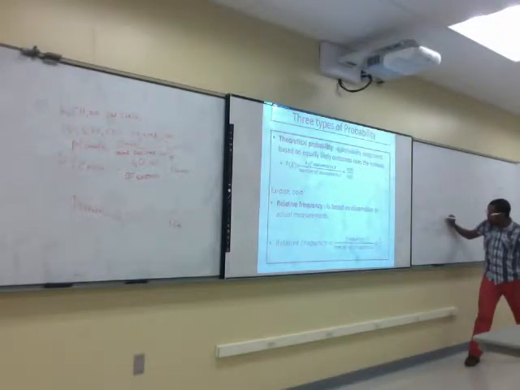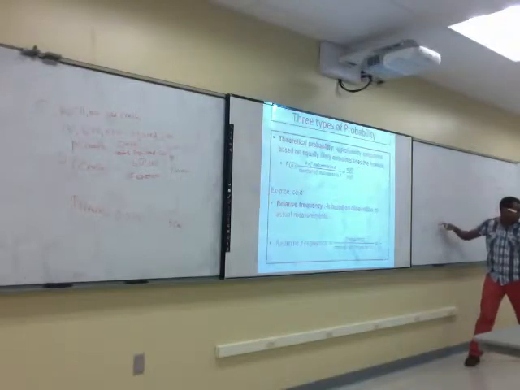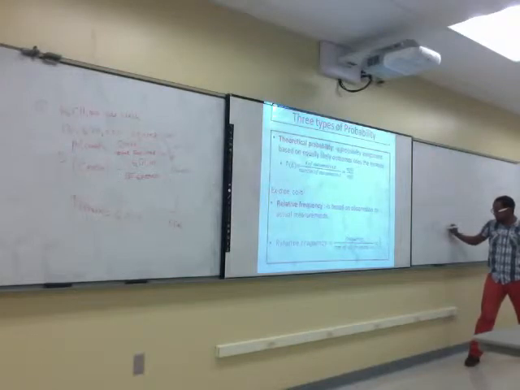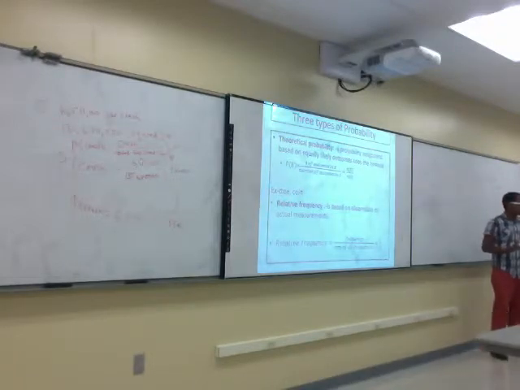So what's the possible sample space I can have? I can have head, head, right? I can have head or tail. I can have tail or head. The last, I can have both of them tail. Is that clear?